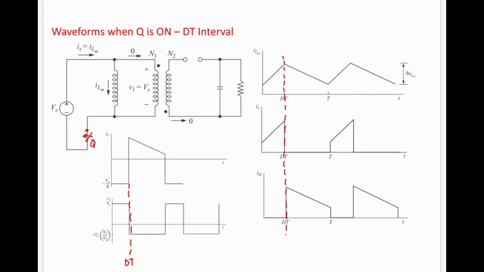So whatever was the voltage across your capacitor in the previous cycle will be there across your load. Your capacitor will be providing power to your load, so the current through the capacitor will be delivered to your load. That current will simply be the voltage across this resistance, V naught divided by R in terms of magnitude, as you can see over here. So this is the capacitor current in the first switching interval, dt.